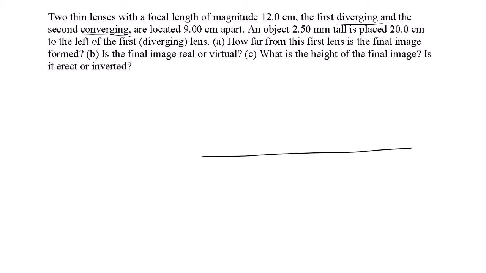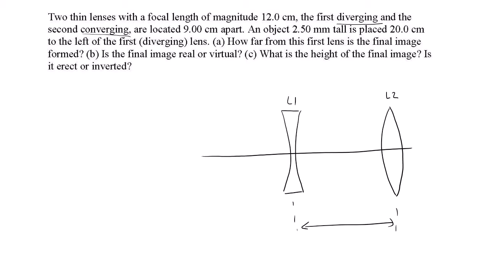So we have a diverging lens, call it lens 1, and we have a converging lens, call it lens 2. The distance between these two lenses is given to be 9 centimeters.